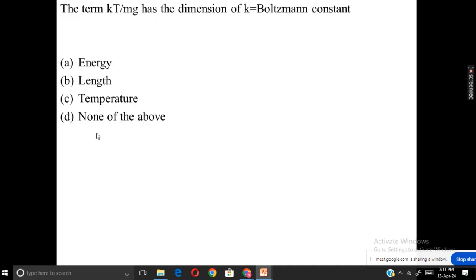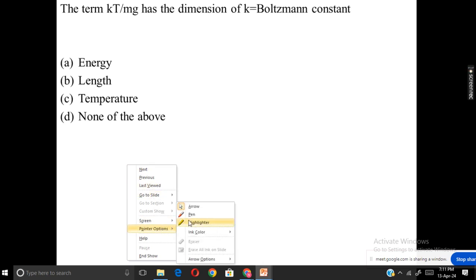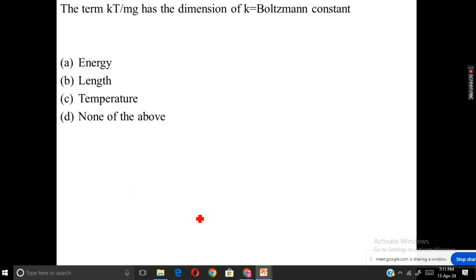Next question. The term kT by mg has a dimension of, okay, what is the dimension of the term kT by mg? This is basically the scale height of the atmosphere.